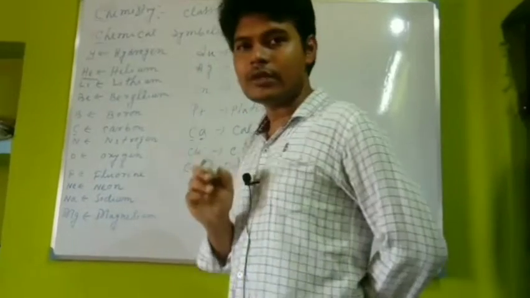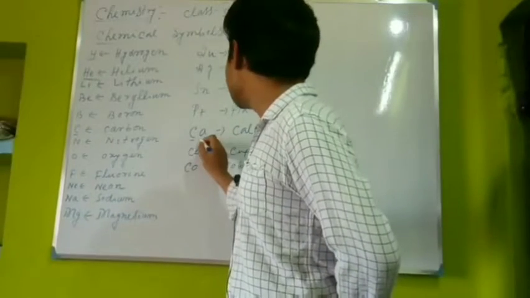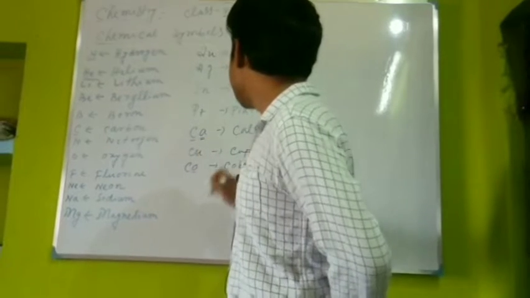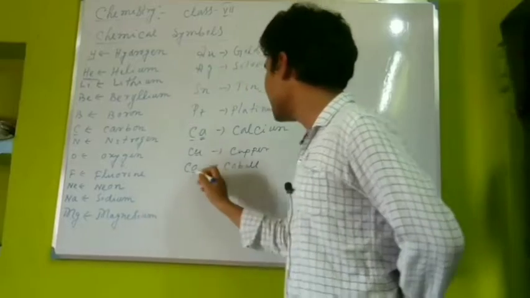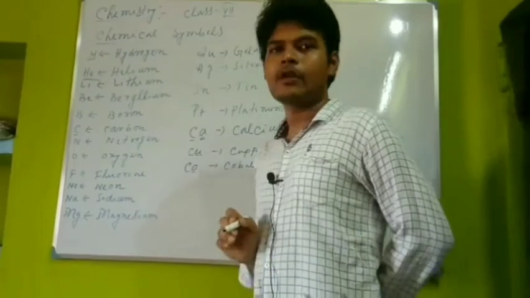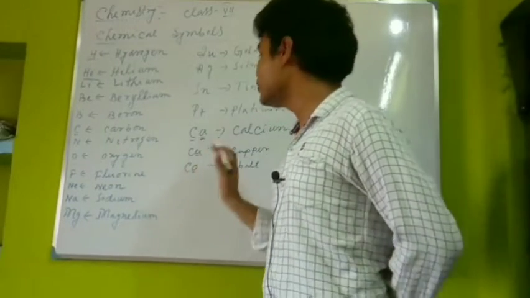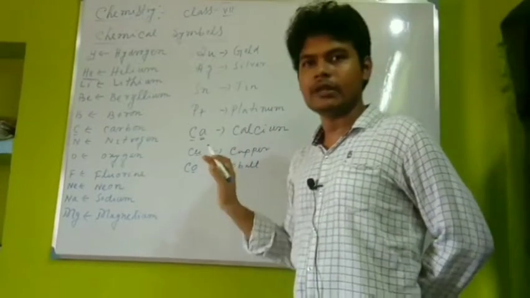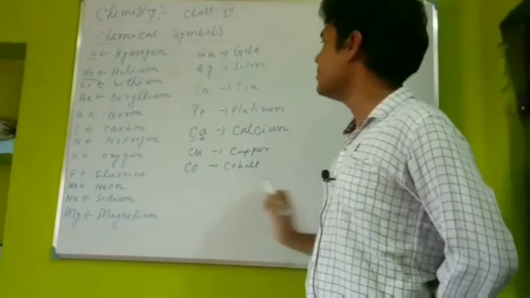Then we should use the second alphabet, such as a here, u here, and o here. Ca represents calcium, Cu represents copper, and Co represents cobalt. So in this way we have to represent the chemical symbols of the elements.